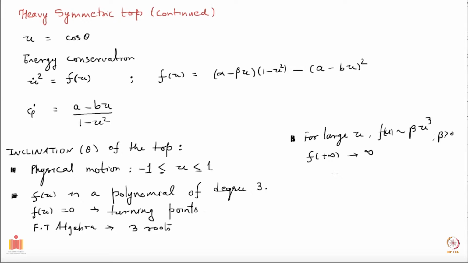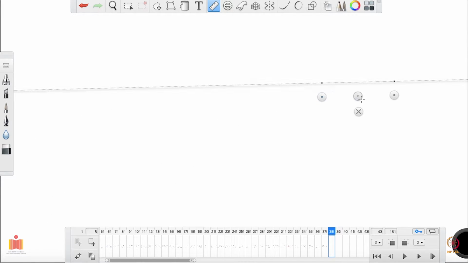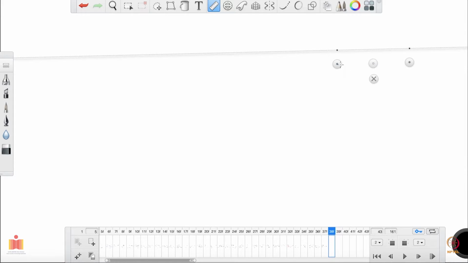So let me start drawing a diagram which will make things appear simpler. Perfect.